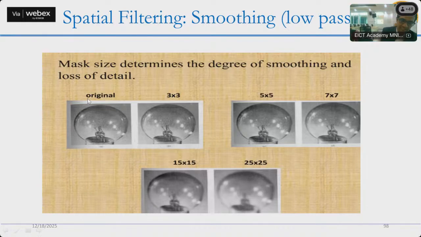So here the original image was there. Then you applied smoothing. Smoothing means you take some 3 by 3 matrix, or 1 by 9 or 1 by 16, and then you apply it here.